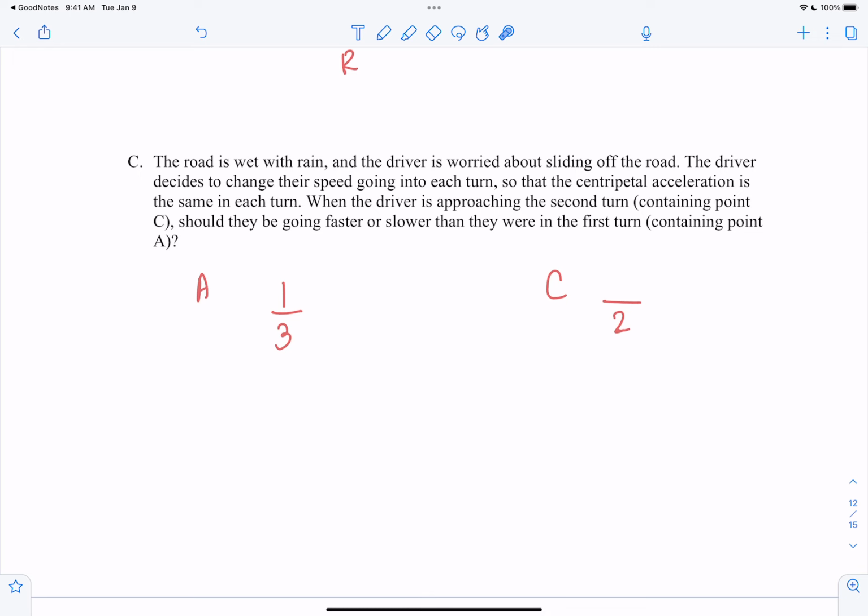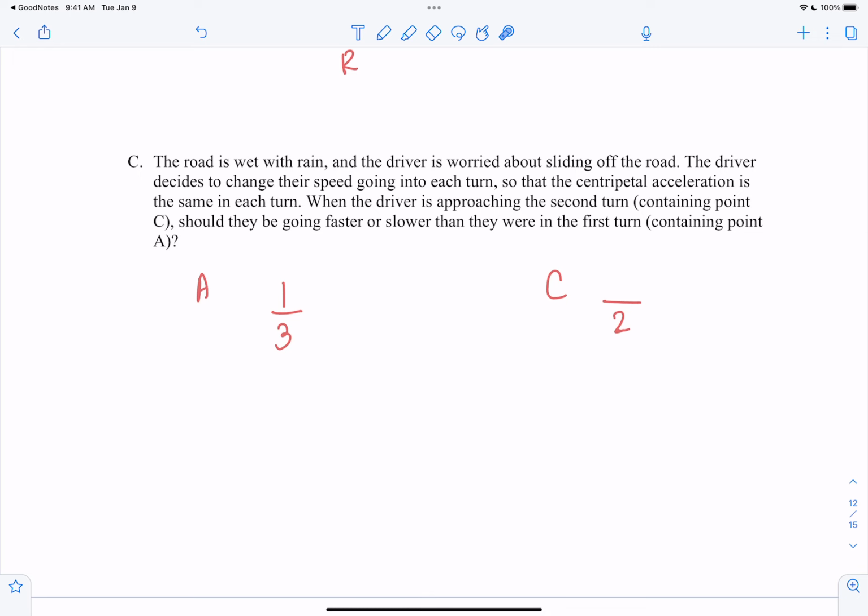Any ideas? Increase what exactly? So if we increase velocity, say we go from 1 to 2, well, you just upped it to 1.